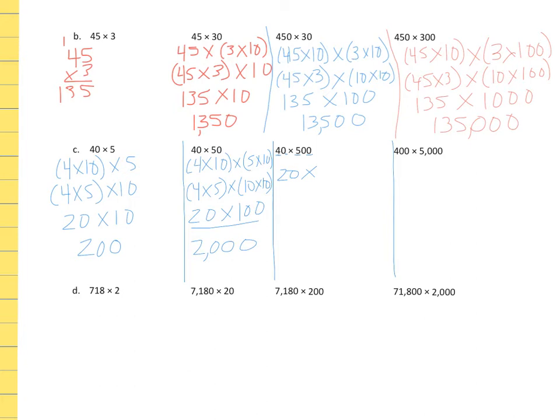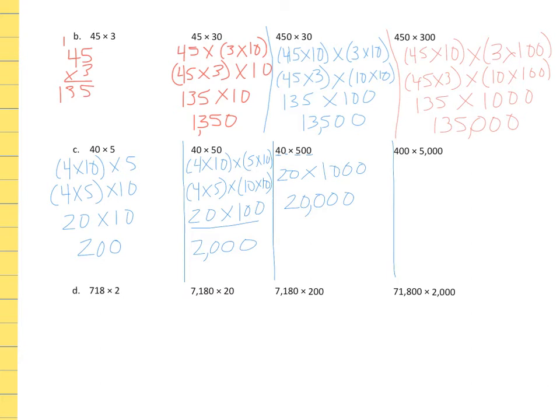Well, what number, 10, hundreds, thousands, 10,000s, 100,000s, one of those numbers have 3 zeros? And that's going to be the number 1,000, because it has 3 zeros. And so 20 times 1,000 would be 20,000. That means you put a 20 and you add the 3 zeros behind it to get 20,000. So I kind of eliminated some steps, but it's still showing my thinking.